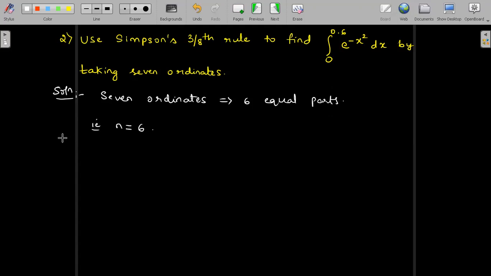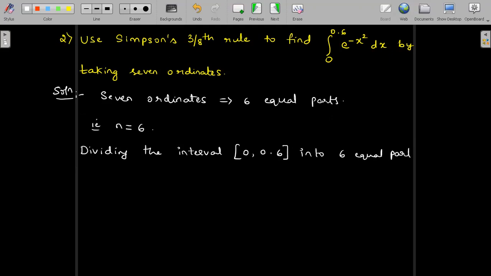So since n is equal to 6, let us divide the interval 0, 0.6 into 6 equal parts.